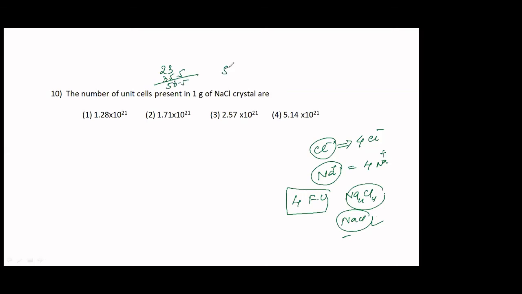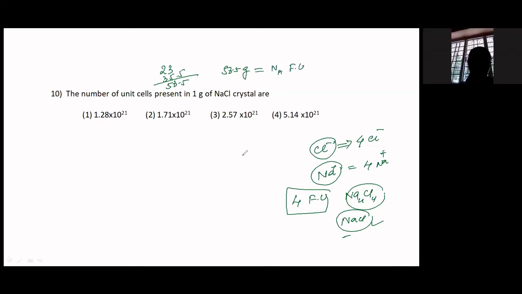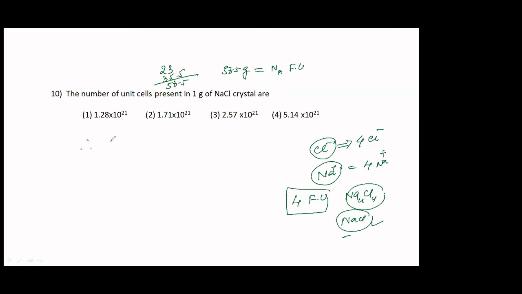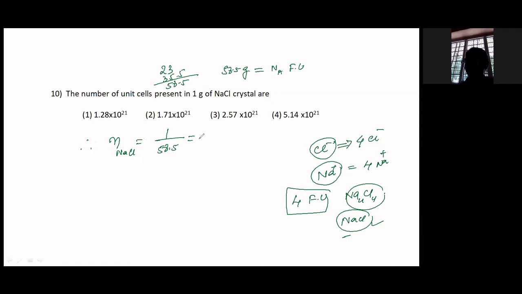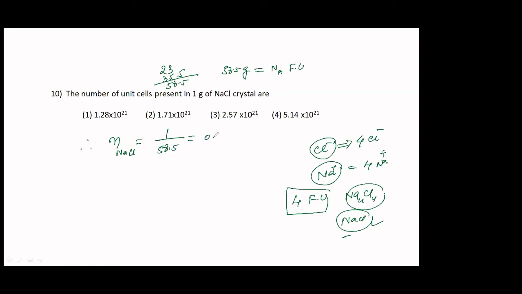So if you take 58.5 grams of NaCl, it will have Avogadro number of formula units. Okay. So now you find out the number of moles of NaCl. 1 upon 58.5. So this will be equal to 1 divided by 58.5, 0.017. Am I right? Yes, ma'am.